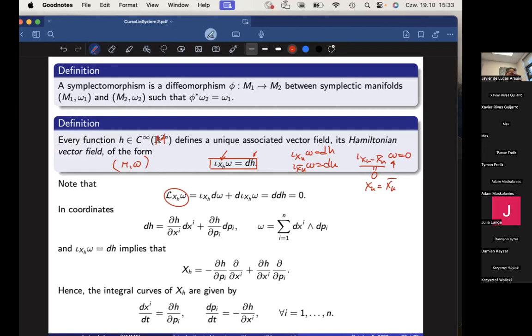So if you write this expression using the Cartan formula, this Lie derivative of any differential form can be written as the contraction with the vector field of the differential of omega plus the differential of the contraction with the vector field of omega.